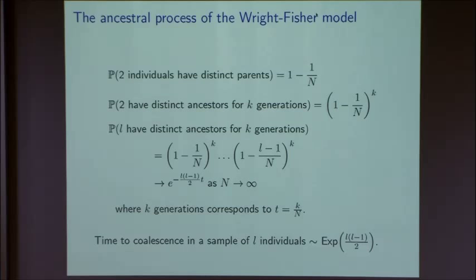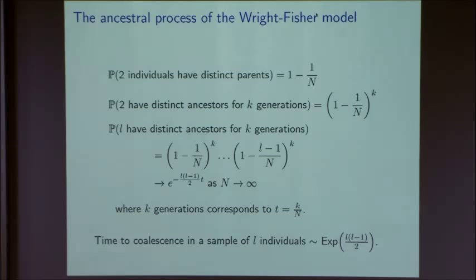So now let me first illustrate what this convergence means in figures. Here is your ancestral process for this 5 individual population. If you're taking n to infinity, you need to take the population size larger, and you also have to take the number of time steps larger.